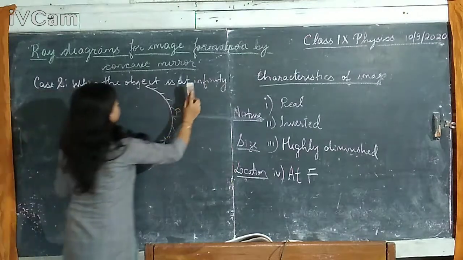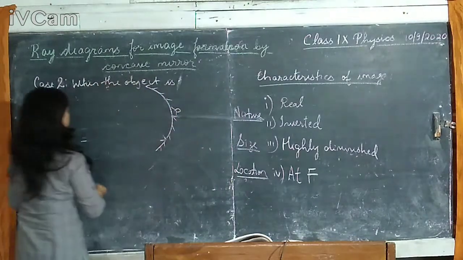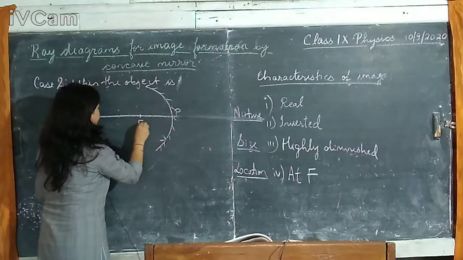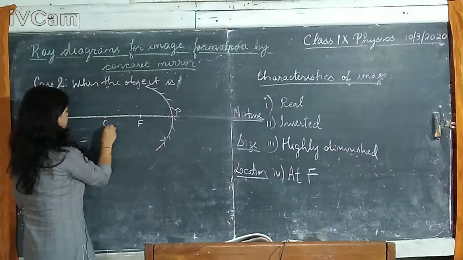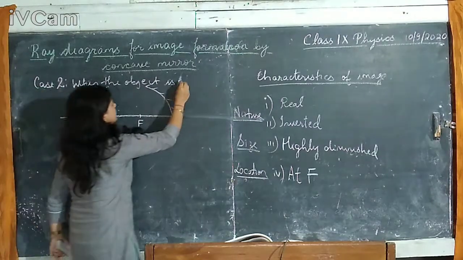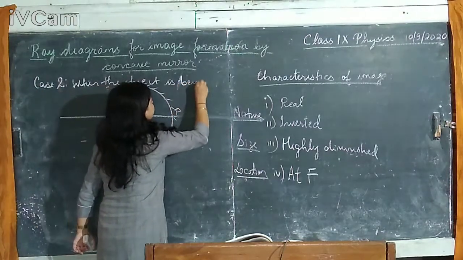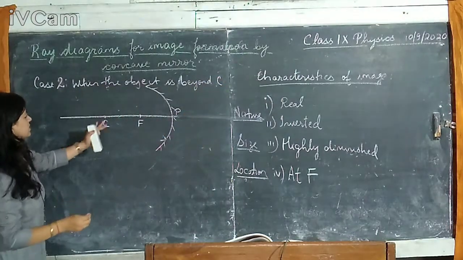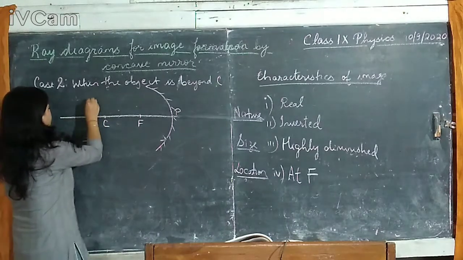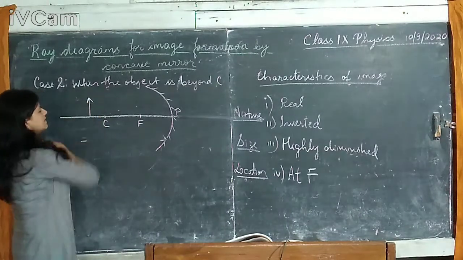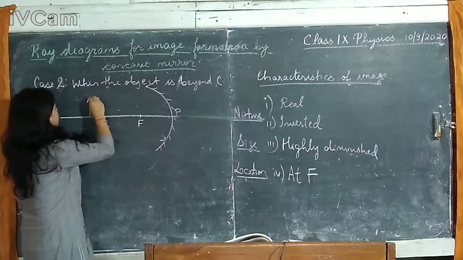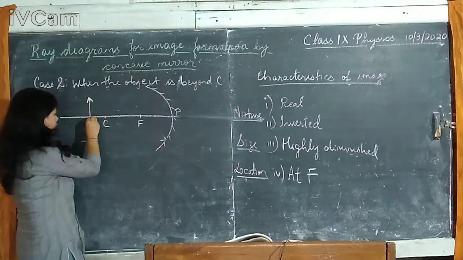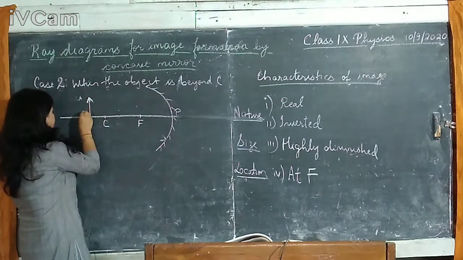Okay, so when the object is, this is F and this is C. Now when the object is kept beyond C, now first case we were at infinity, second case we are coming closer, so the second point here is beyond C. So we can make the object now since it is very close to the mirror. Alright, we will take one point, the tip of this arrow which is used as the object. I will name the arrow as AB.